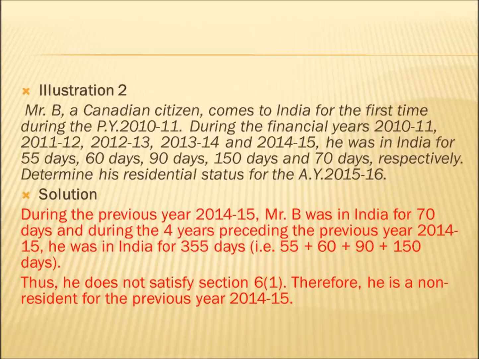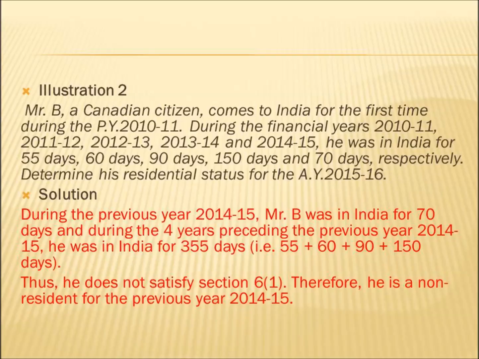And after we determine that, if the assessee falls under the category of resident, we further see whether he is resident and ordinarily resident or resident but not ordinarily resident. But if the assessee falls under the category of a non-resident in step 1 only, then we don't have to do any calculations and the question completes there only, because a non-resident is not categorized into ordinarily and not ordinarily. So we'll proceed with step 1.